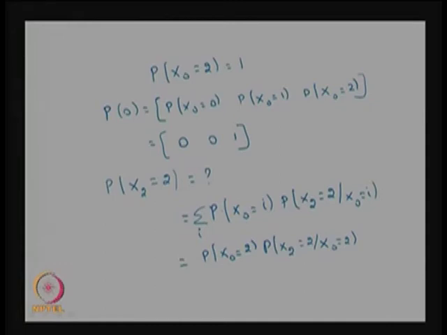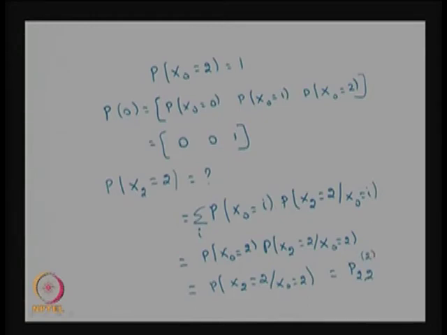The probability that X_0 is equal to 2 is 1. Therefore, this is the same as the probability that X_2 is equal to 2 given that X_0 is equal to 2. So this is the same as the probability P_22 in 2 steps.